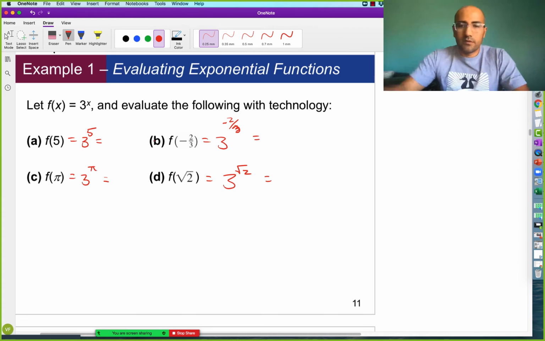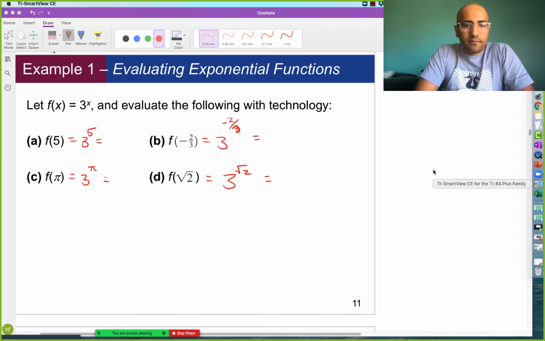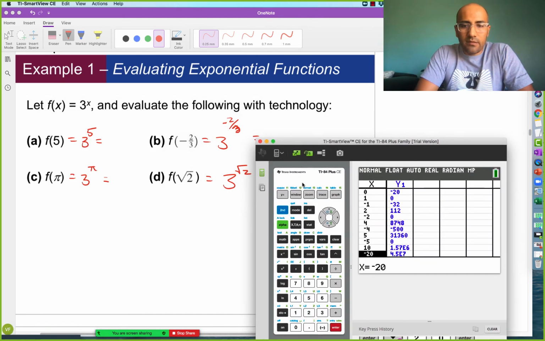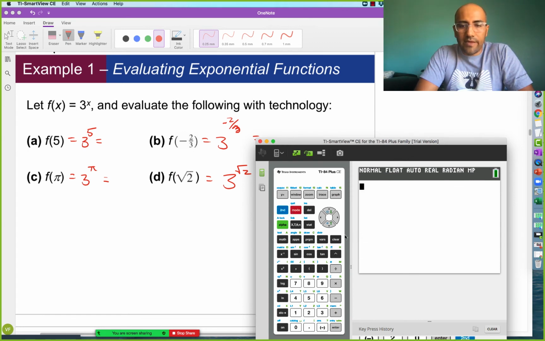Okay, so let's get our calculator out. Wherever you start off in your calculator, you can hit second quit to go back to the main screen, hit clear. And so 3 to the power of, this little caret symbol up here is the power.